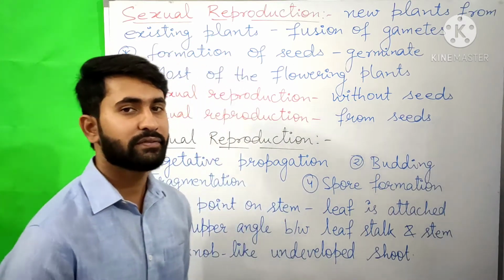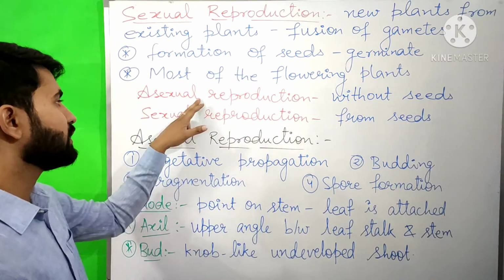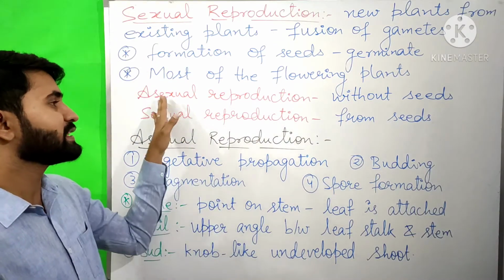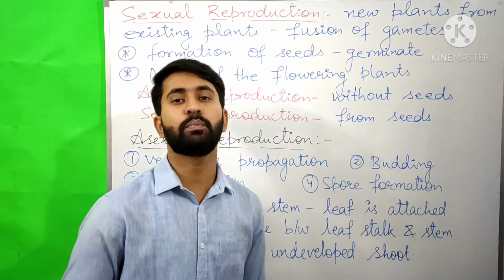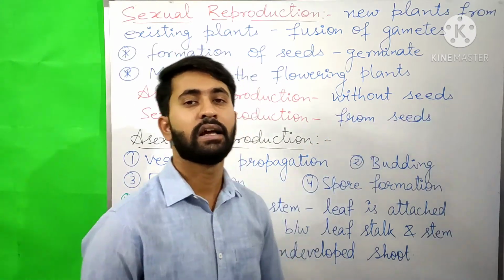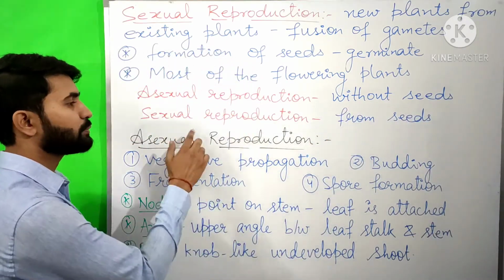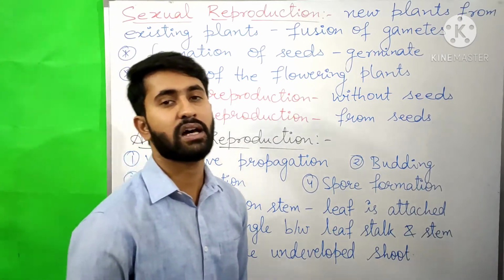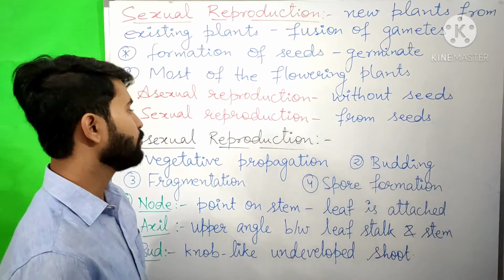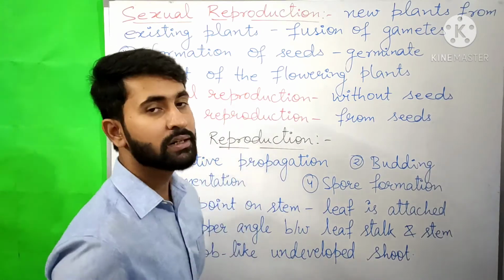So the basic difference between asexual reproduction and sexual reproduction is that in asexual reproduction, the new plants are produced without the use of seeds, whereas in sexual reproduction, the new plants are produced from the seeds. Now we will learn about asexual reproduction in detail.